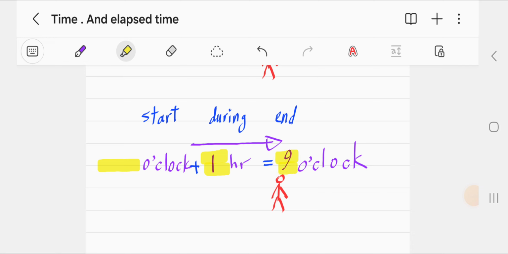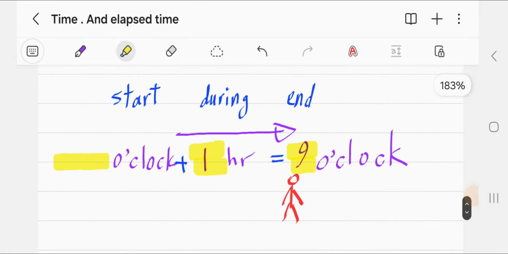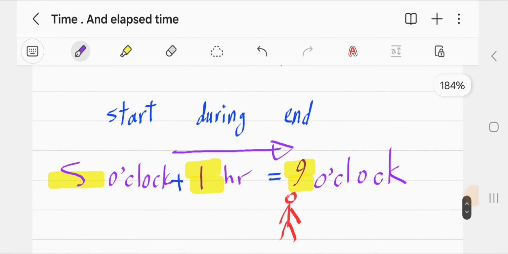I will take 1 hour, then become 9. So before 9 by 1 hour becomes what? Tell me. That's good. It's 8 because 9 minus 1 becomes 8.